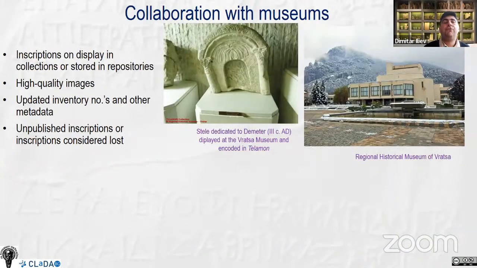For this purpose, of course, we need collaboration with museums, because we cannot do without their help, as they store and in many cases expose this material to the public.